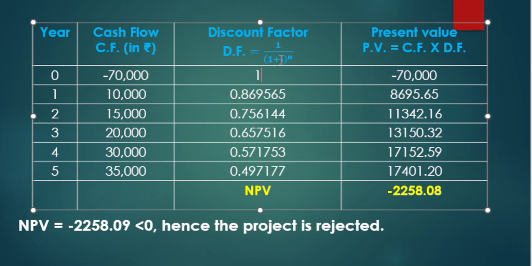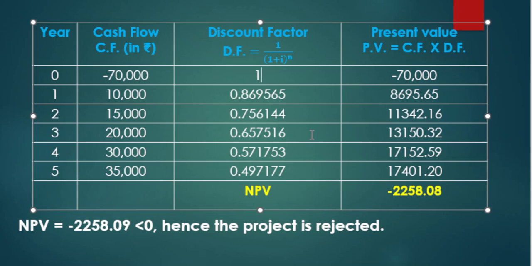And through this discounting factor formula, we have got the value for the first year, which is 0.869565. Then the present value is cash flow into discounting factor. Again, for the second year, we will find out the discounting factor and multiply it with the cash flow to find out the present value of the cash.